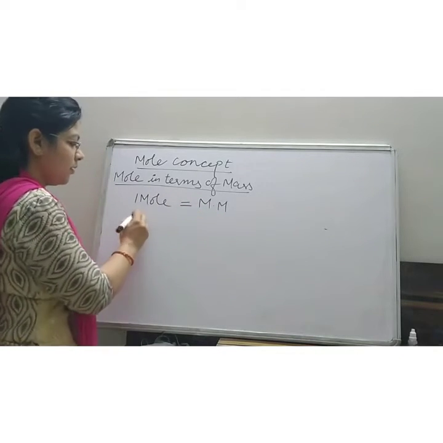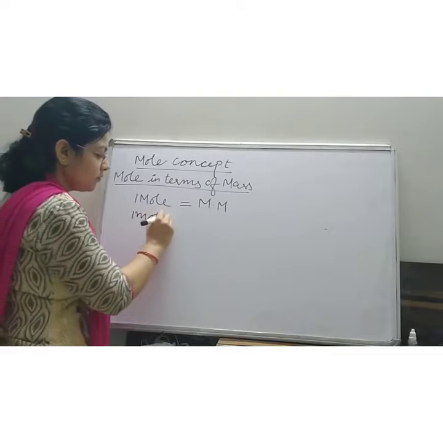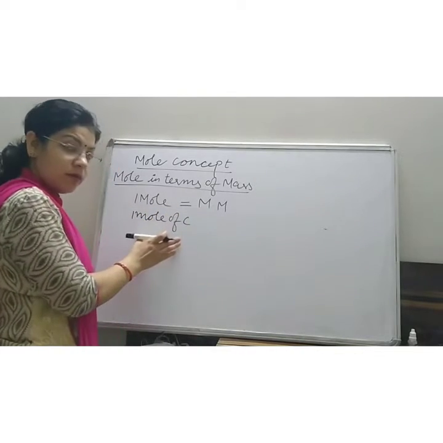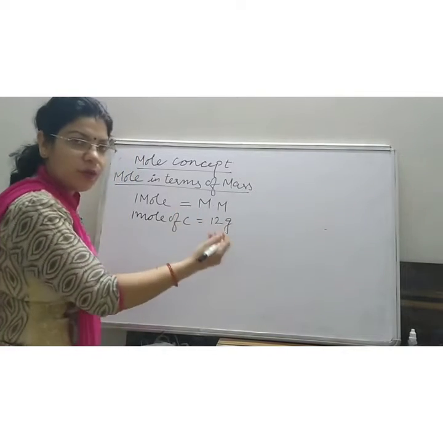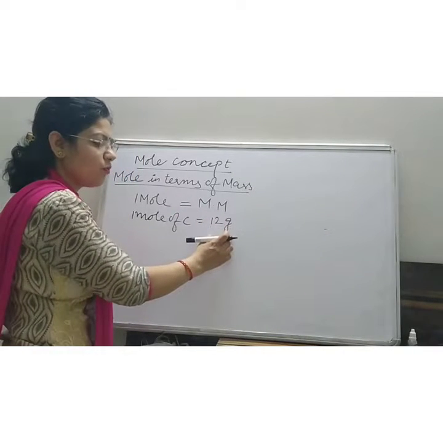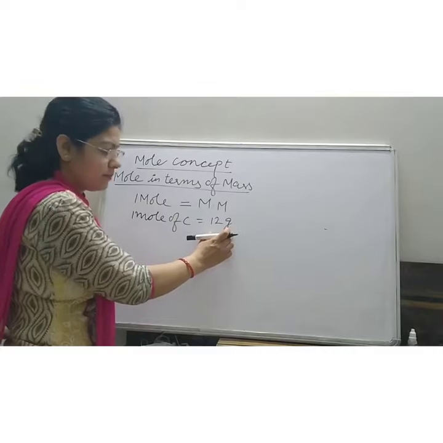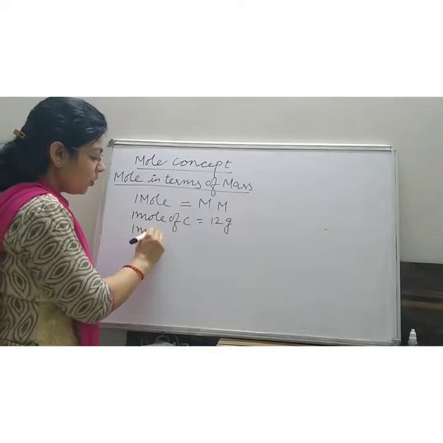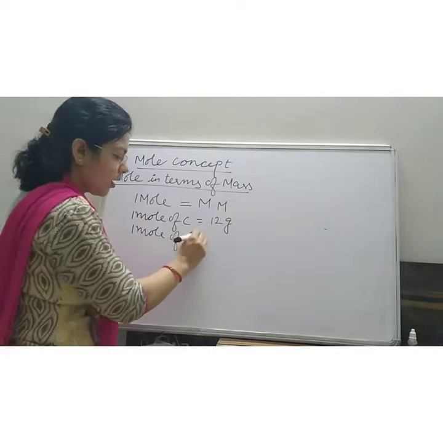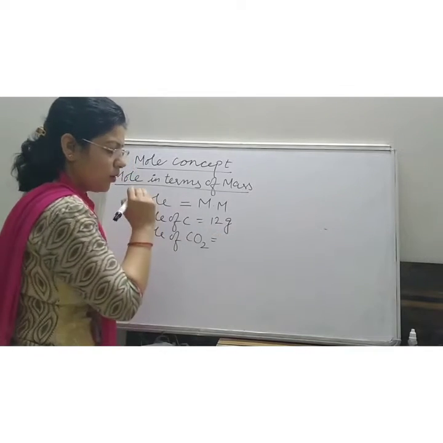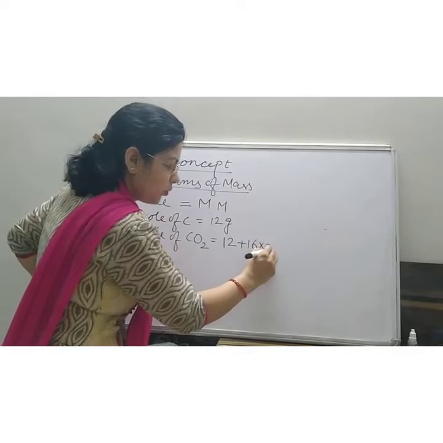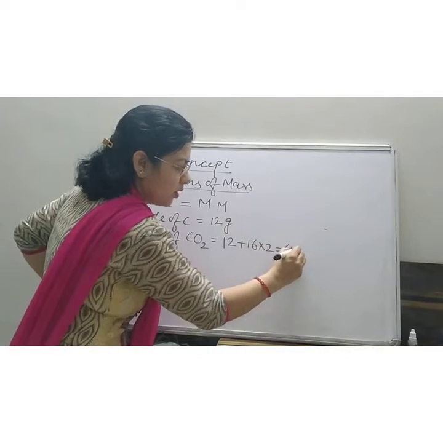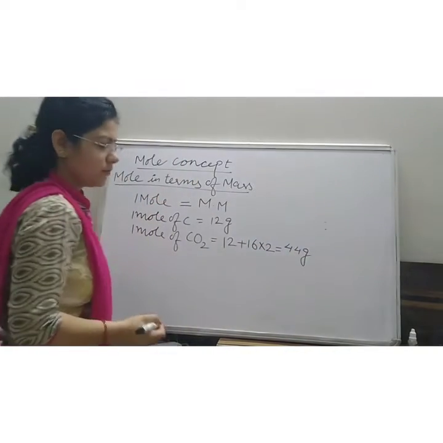For example, 1 mole of carbon is equal to 12 gram. Why 12 gram? Because the mass of carbon is 12 gram. 1 mole of carbon dioxide is equal to 12 plus 16 into 2, that is 44 grams.